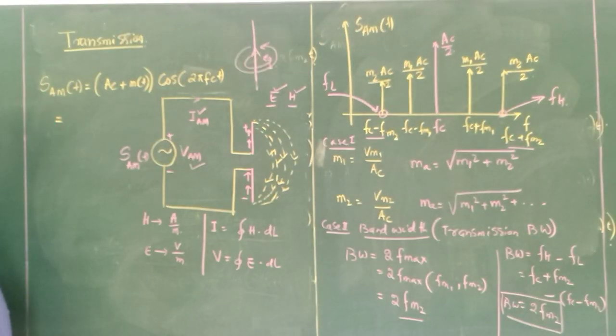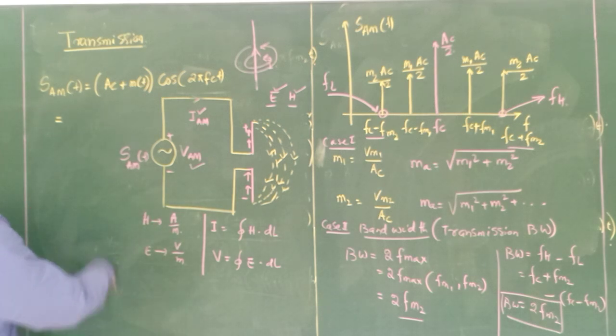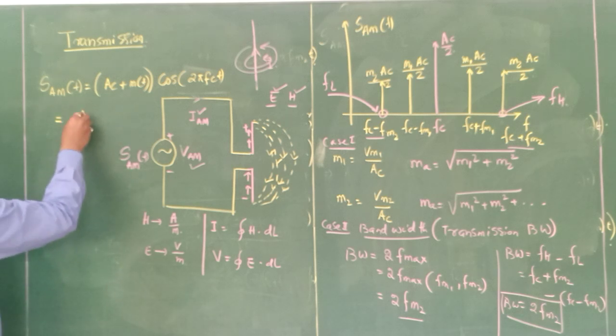Now, if I expand this, again the same spectrum will come. One carrier and two sidebands are added. So what is the carrier?